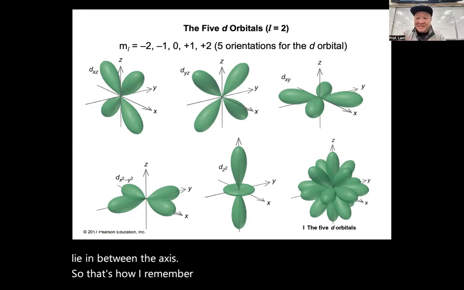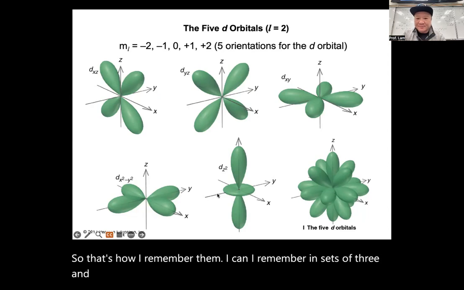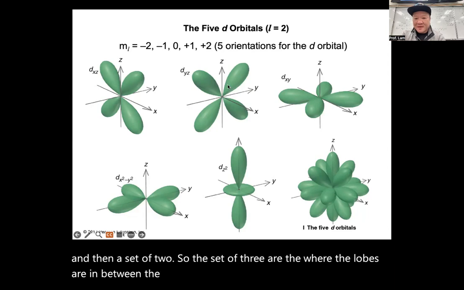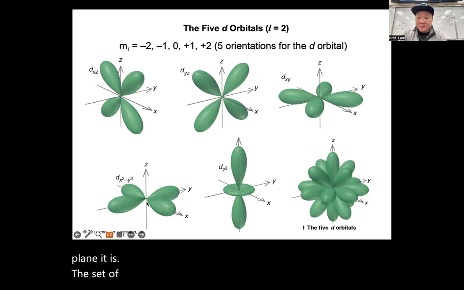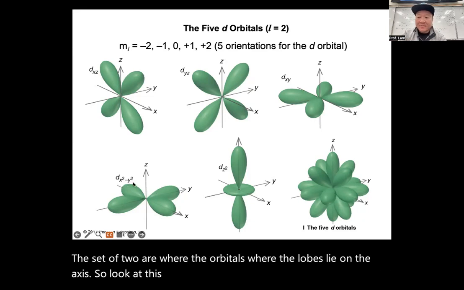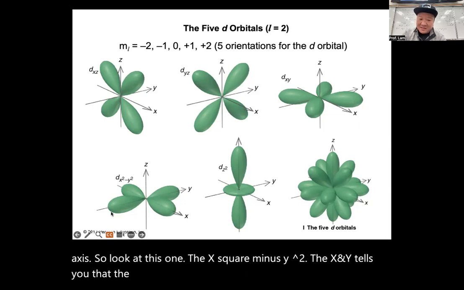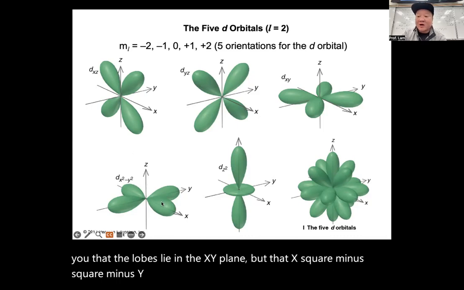I remember in sets of 3 and then a set of 2. So the set of 3 are where the lobes are in between the axes, and the 2 letters tell you what plane it is. The set of 2 are where the lobes lie on the axis. So look at this one, the x squared minus y squared. The x and y tells you that the lobes lie in the xy plane, but that x squared minus y squared tells you that they are on axis.